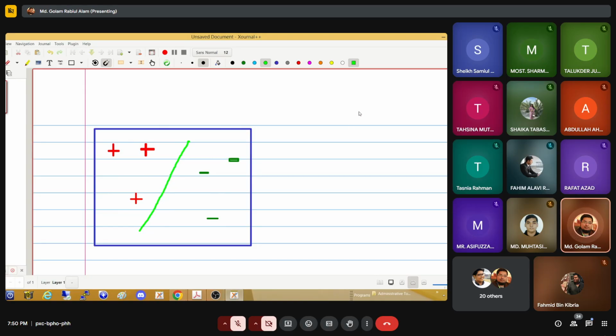There is W transpose x plus b, the hyperplane equation. So if the instances of the data set have some positive class and negative class, and we just utilize the linear equation to separate positives from negatives, that kind of problem usually we call a linear problem.